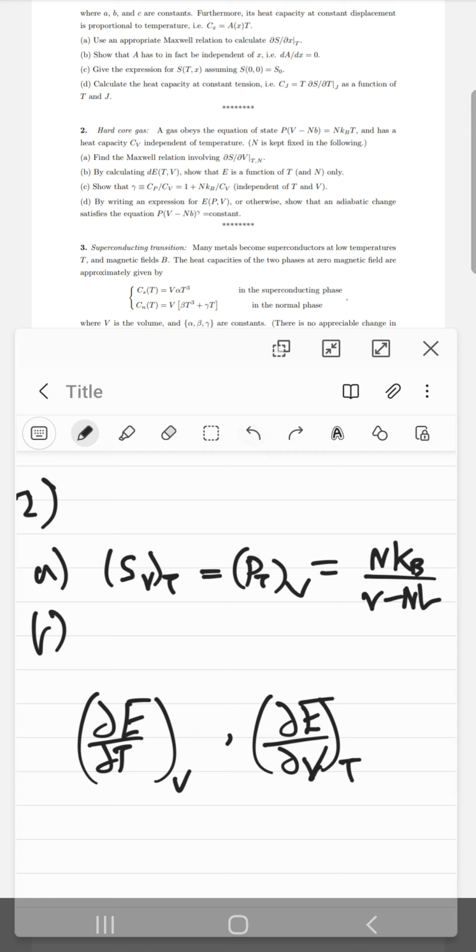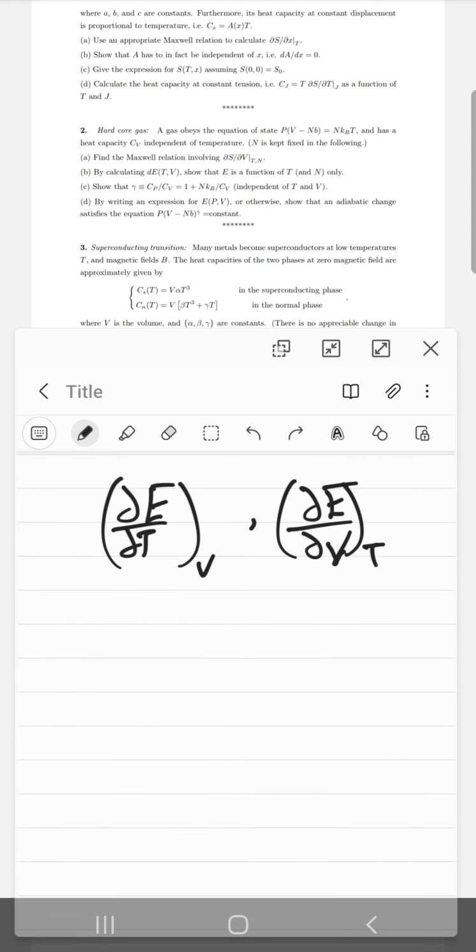So partial E by partial V at constant temperature is 0. Constant temperature, that's a problem, isn't it? dE as a function of T and V, that's a problem. We can figure out what dF is as a function of T and V, but this is hard.